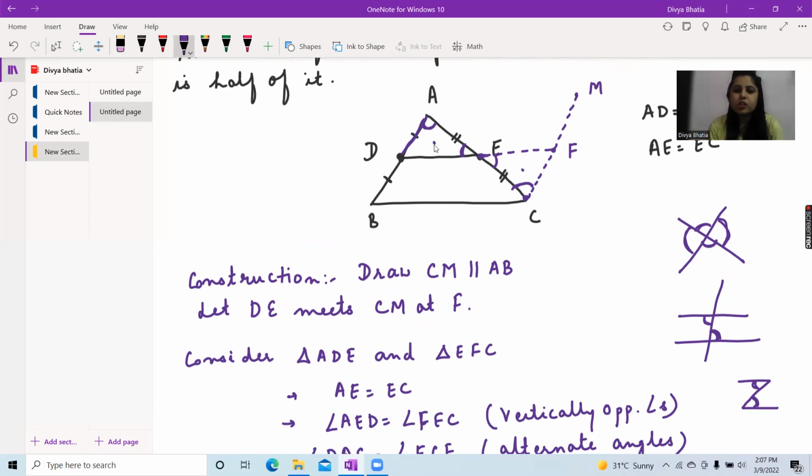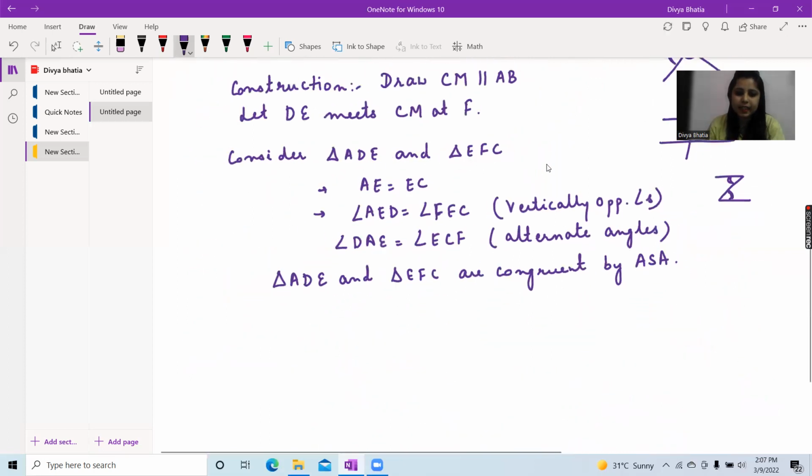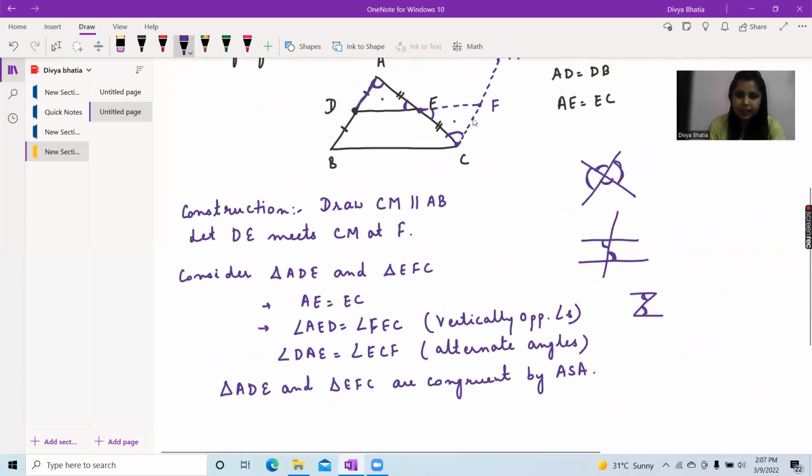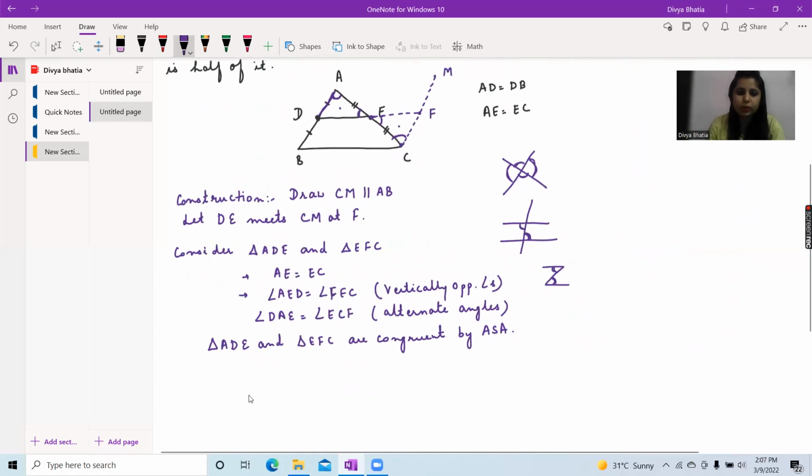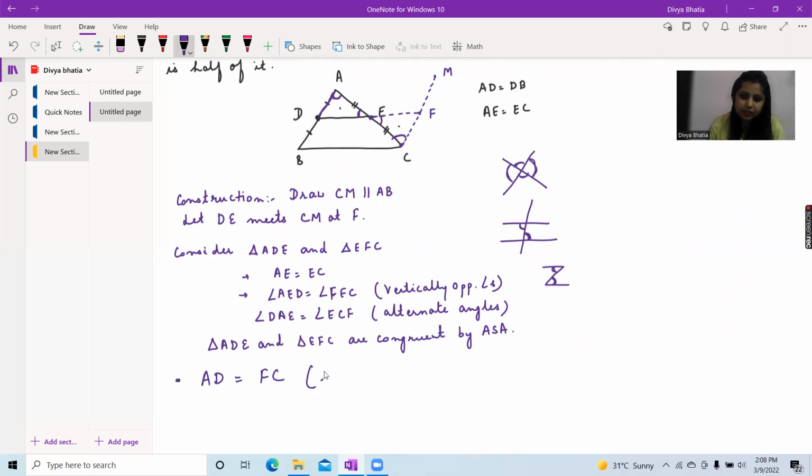They are also equal. So with this, I can say that AD is equal to FC. You can see if I just flip this, FC will be over AD, and these two triangles will coincide, and C will coincide with A. So these two congruent triangles will overlap each other. So from this, I got AD is equal to FC by CPCT.